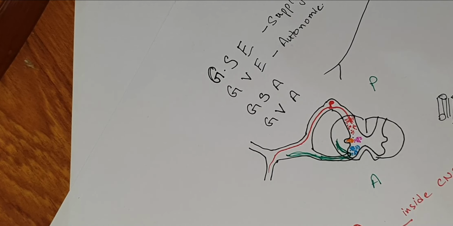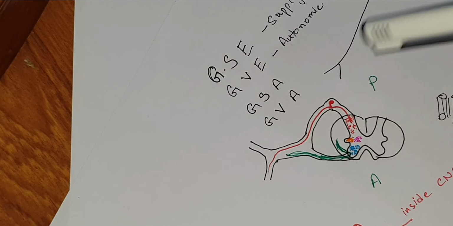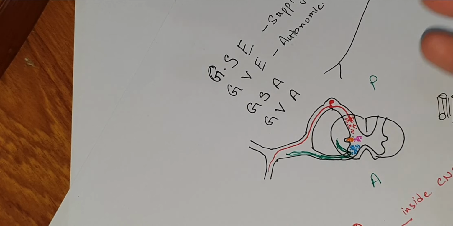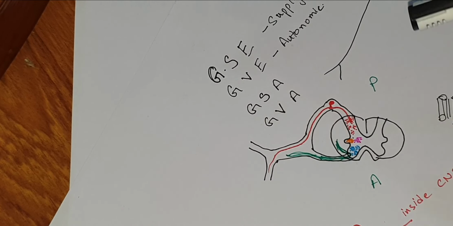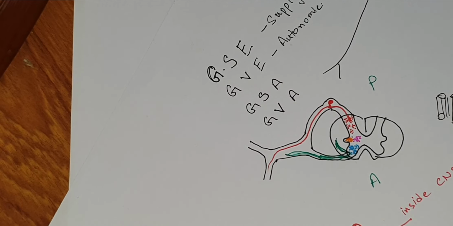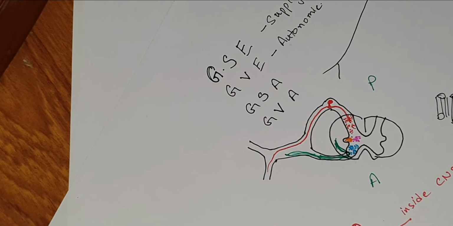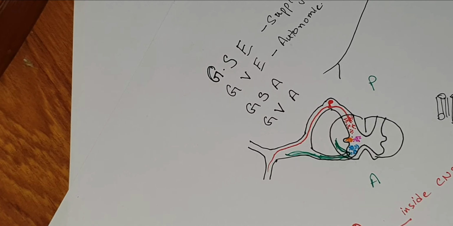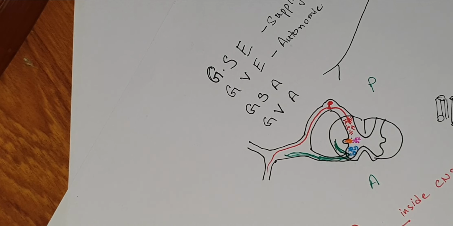Spices are also chemicals, so it comes under the heading of visceral afferents. The next cause which can cause pain in the viscera is stretching. For example, if somebody has a tumor growing inside the intestine, it will stretch the walls of the intestine and it will cause pain. The third thing is ischemia.